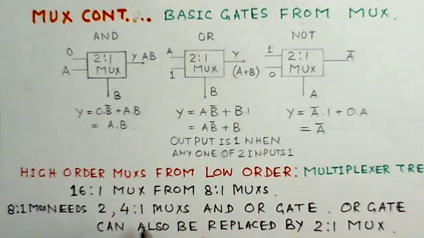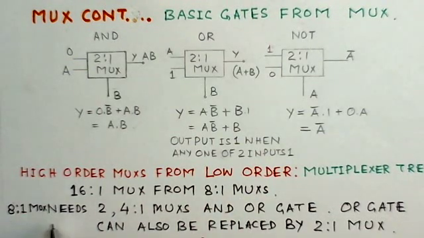Now when you want to get a high order multiplexer from low order ones, this combination is also said to be a multiplexer tree. Like a 16:1 mux can be simulated using 2 8:1 mux.